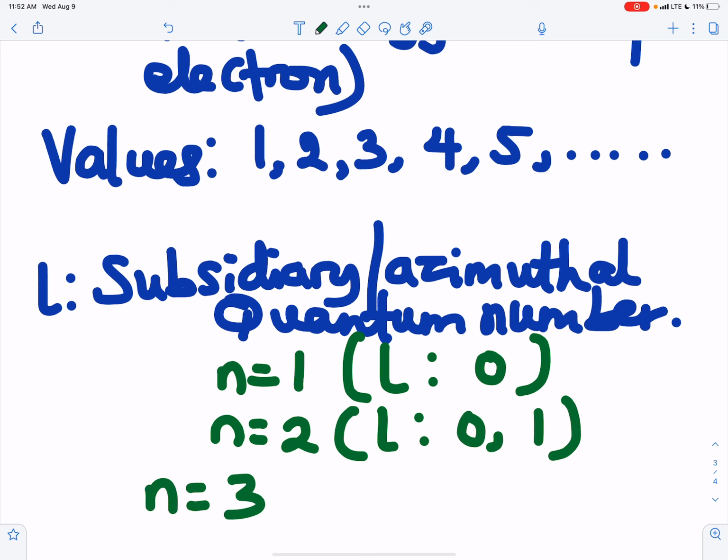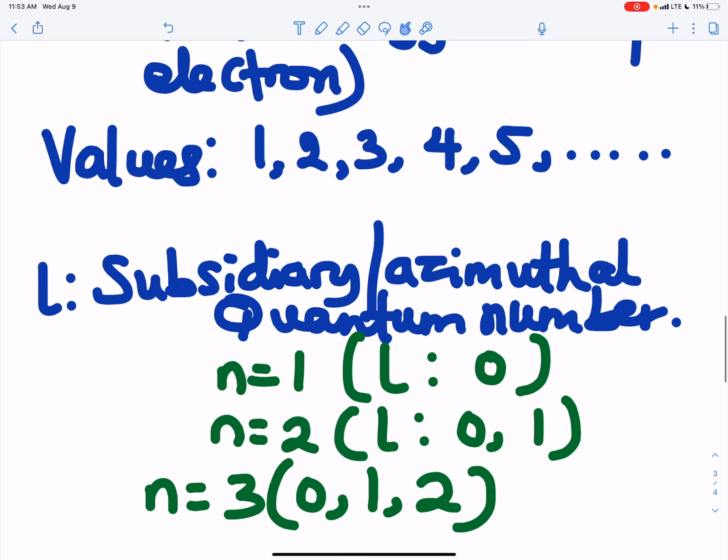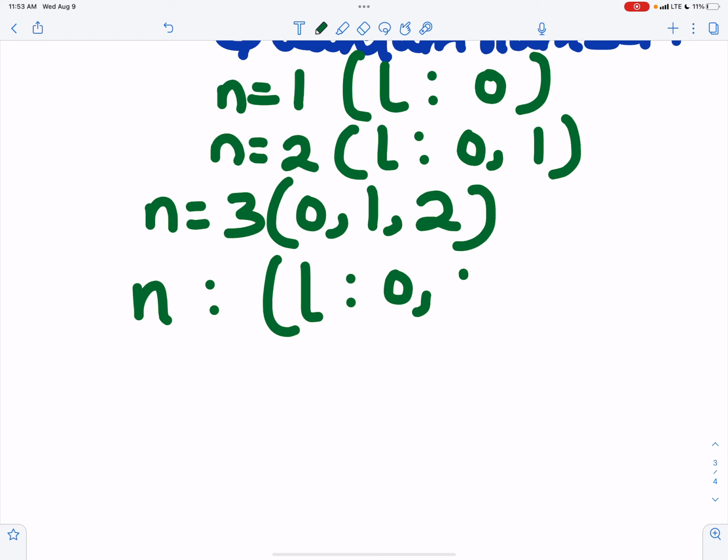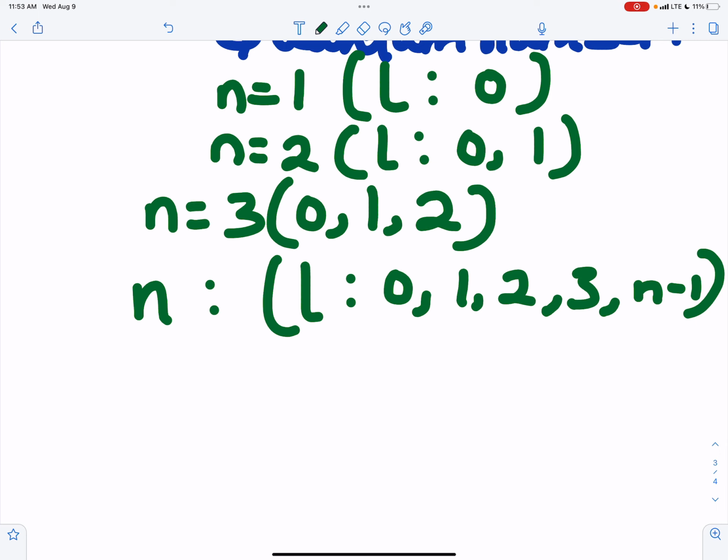When n is 3, the values of L will be 0, 1, or 2. So whatever the value of n is, the corresponding values of L will be 0, 1, 2, 3, up to n minus 1. So take note of that.